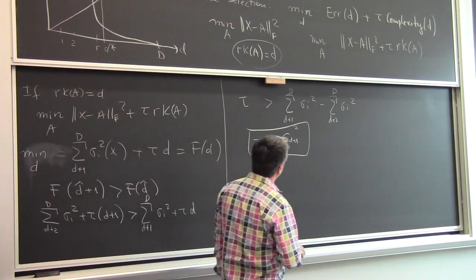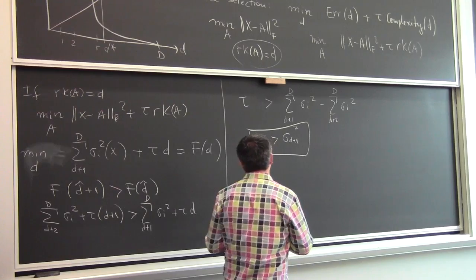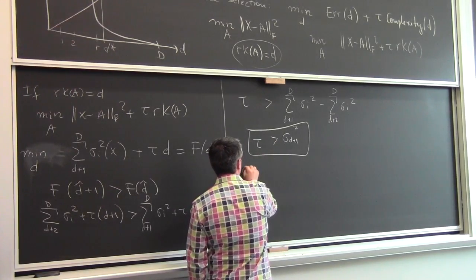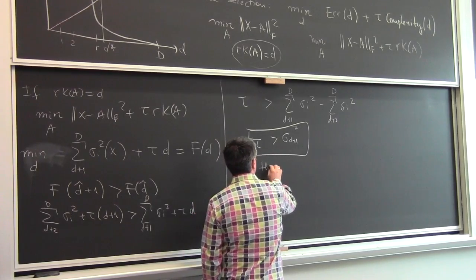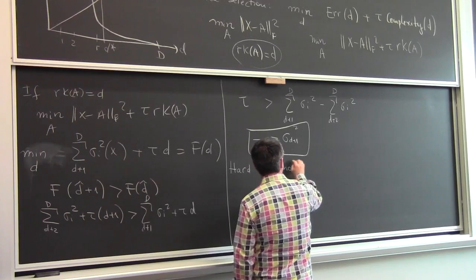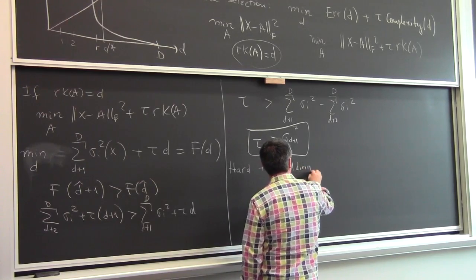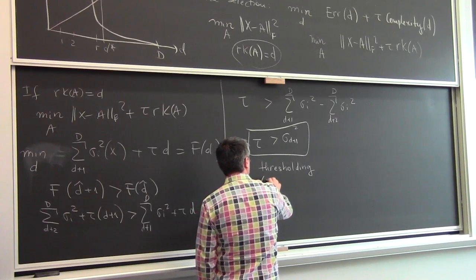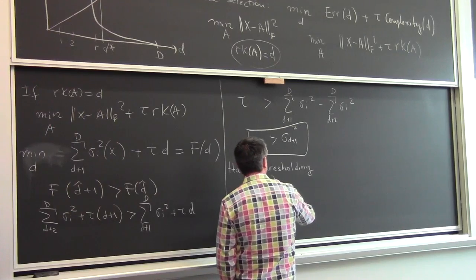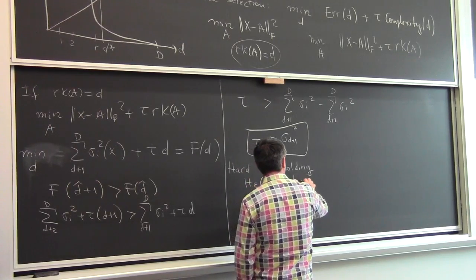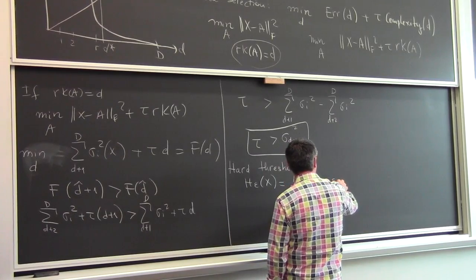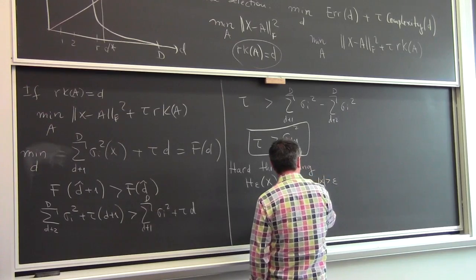Nonetheless, just as a matter of notation, let me introduce here something called hard thresholding, which is simply going to be the following notation: x if the absolute value of x is bigger than epsilon, or 0 otherwise.